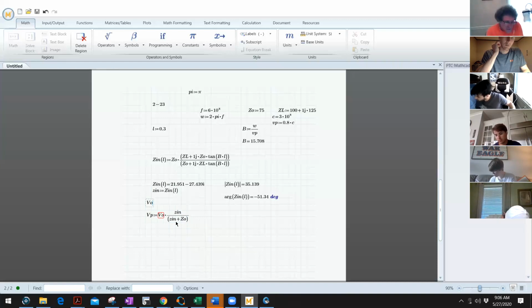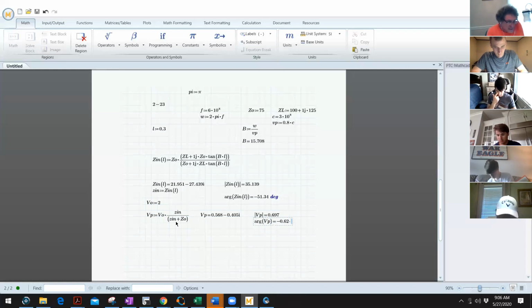So V naught is just 2. All right, that means my V prime, and I'll just take a magnitude. V prime is that, and that means the magnitude of V prime is this, and the argument of V prime is going to be minus 35 degrees.